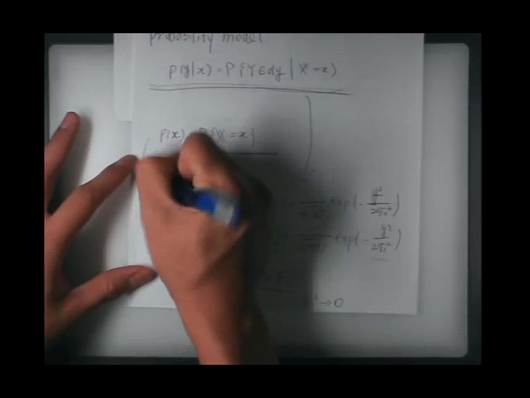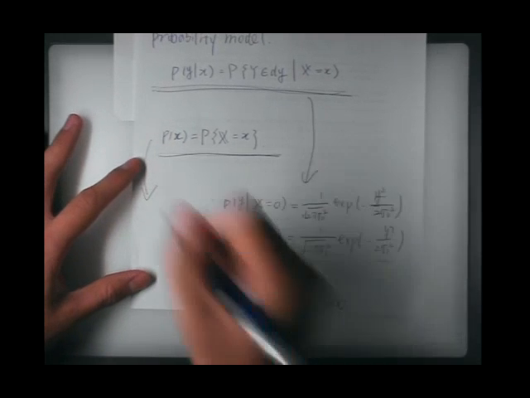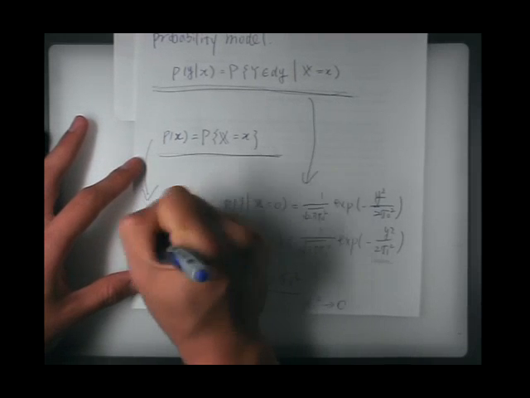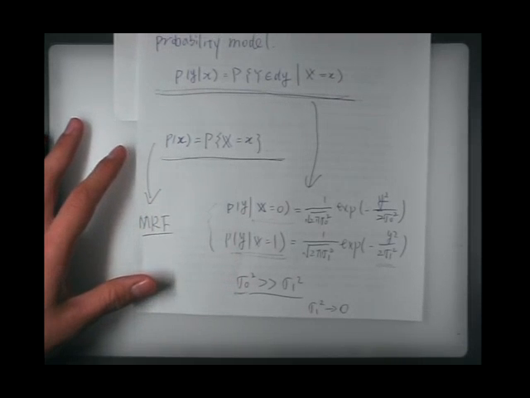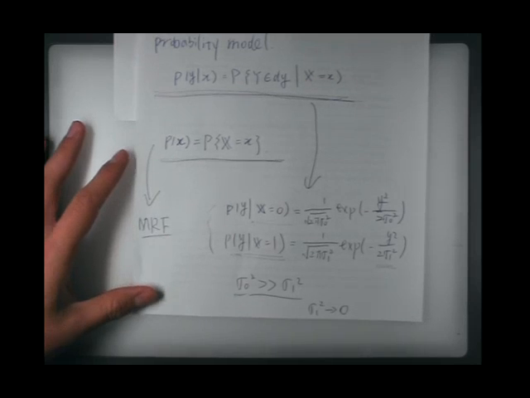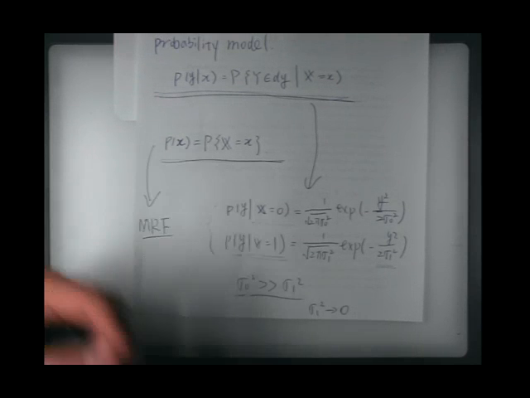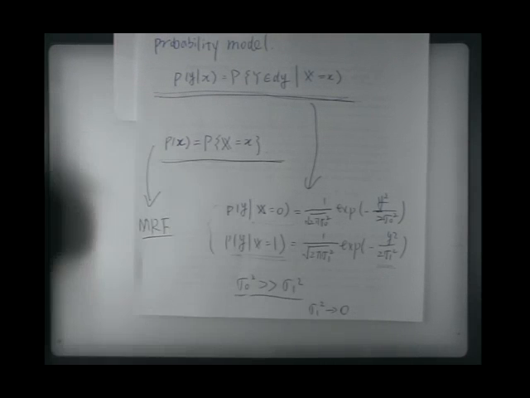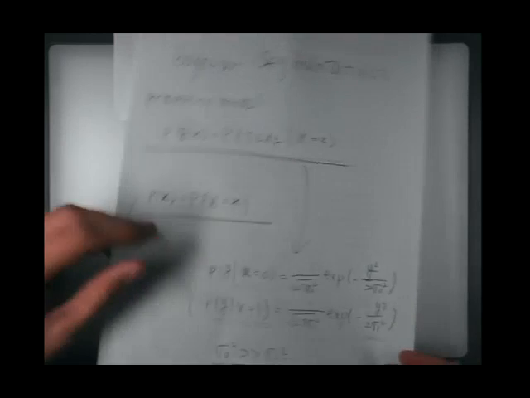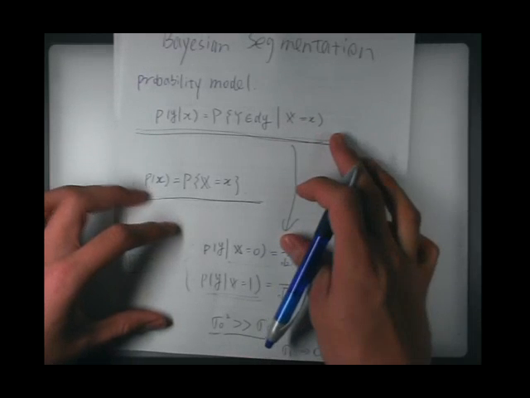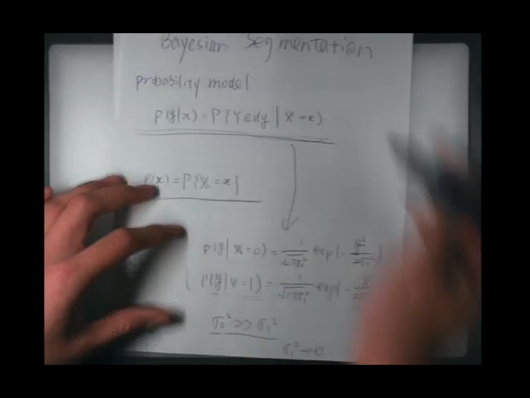And for this prior model, today we'll use the Markov random field as a prior model, which is essentially the Gibbs distribution, which means the neighborhood x elements will be forced to be similar with each other. So this is the probability distribution we're going to use for the Bayesian segmentation.